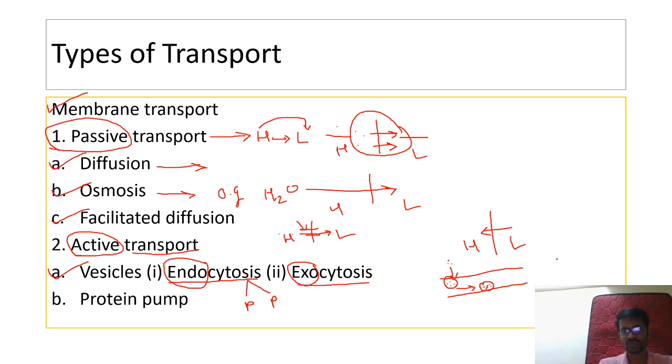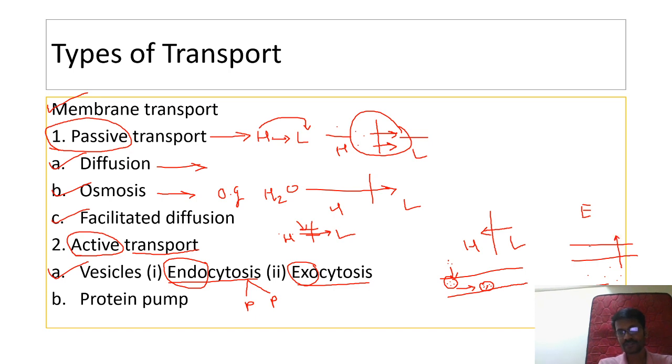The last one is exocytosis. In exocytosis, there is an exit of molecules. Suppose this is a cell membrane, and these are some ions or molecules present inside the cell. This part is the intracellular part, and this is the extracellular part. So there is an exit of molecules from intracellular to extracellular.